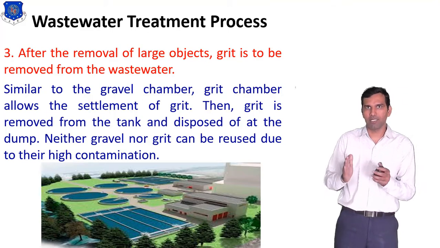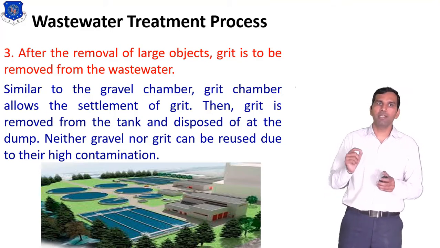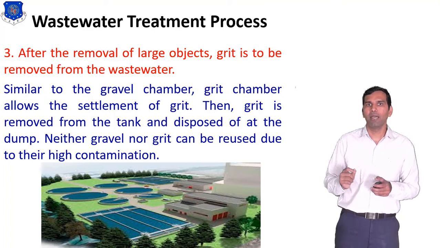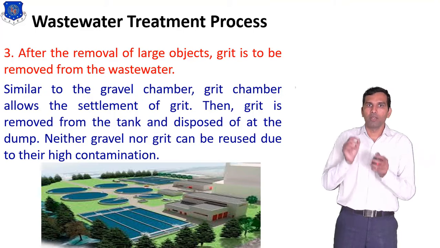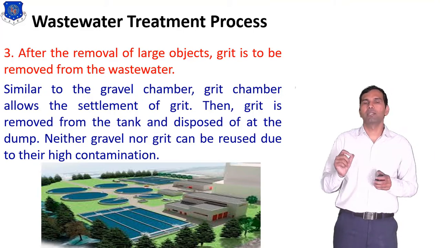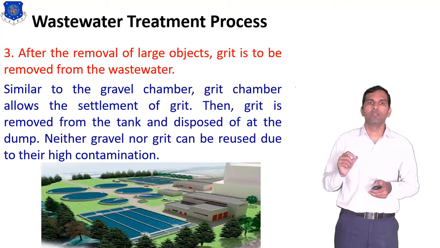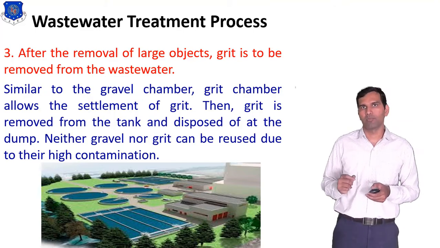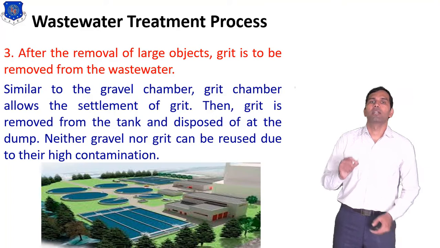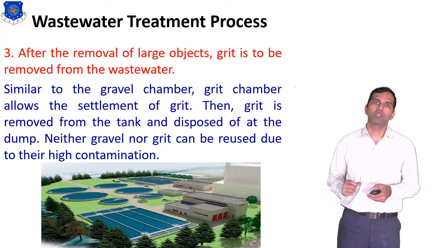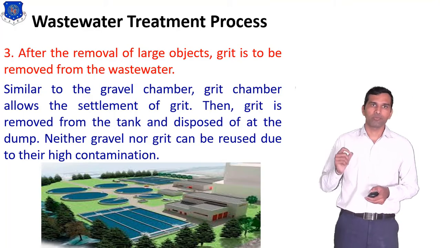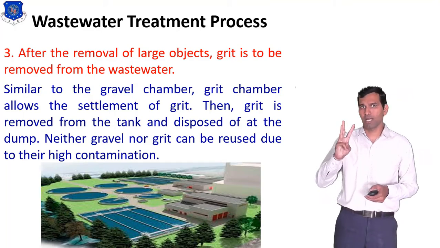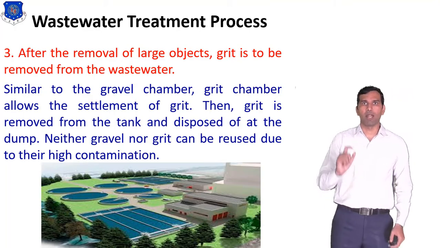Then the grit is removed from the tank and disposed of at the dump. Neither gravel nor grit can be reused due to their high contamination. So this is the third step of wastewater treatment.